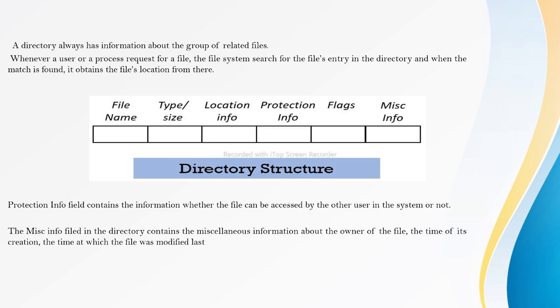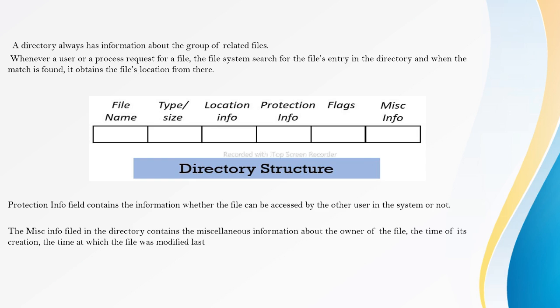In a directory structure, a directory always has a group of information about related files, as follows. Let us now study the directory structure with the help of the figure above. The file field contains the name of the concerned file in the directory. The type field indicates the kind or category of the file.